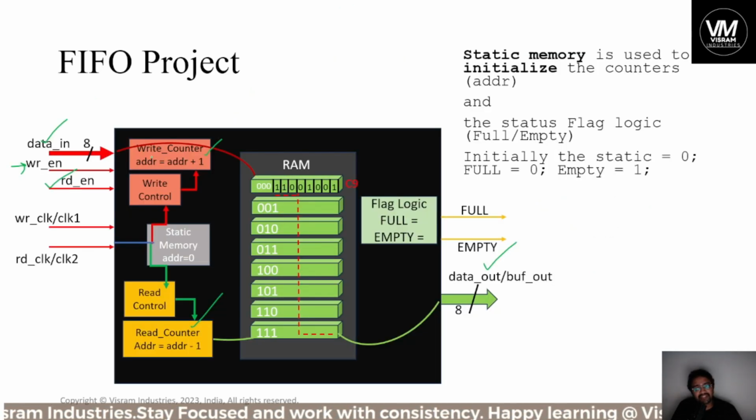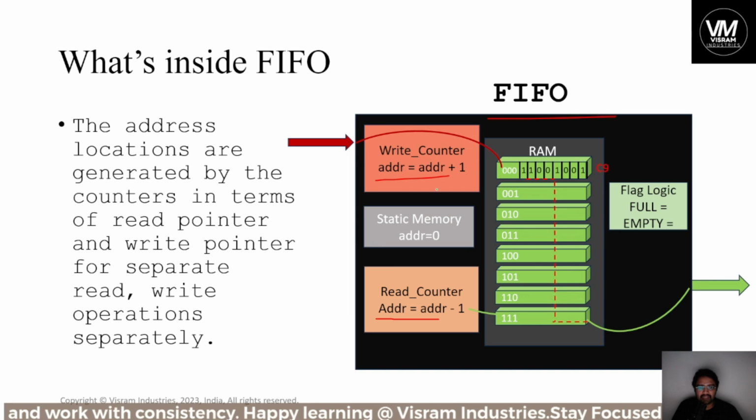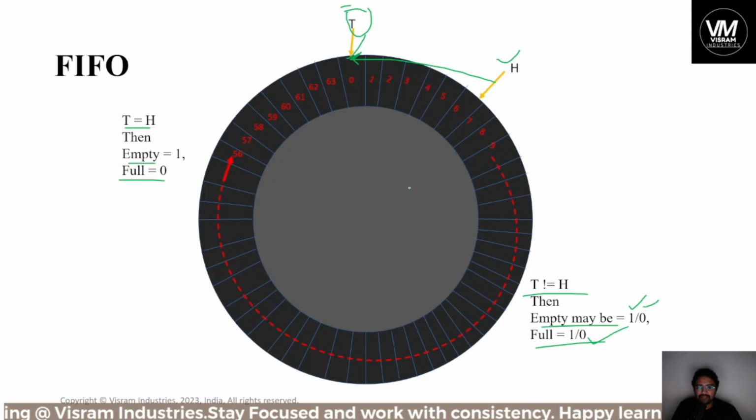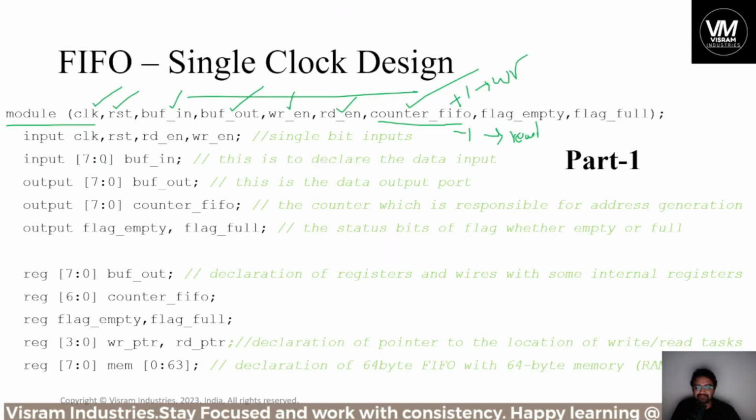Why did I represent two blocks for this? Just to make you understand. In general, this is only one counter, one static memory, one RAM and one flag logic block. In total we have 4 blocks only. Don't consider these as two separate counters. Don't get confused. I'm just explaining in normal layman terms.